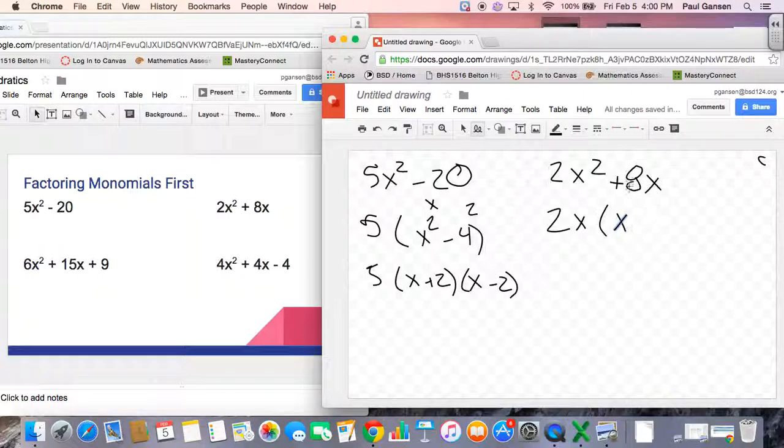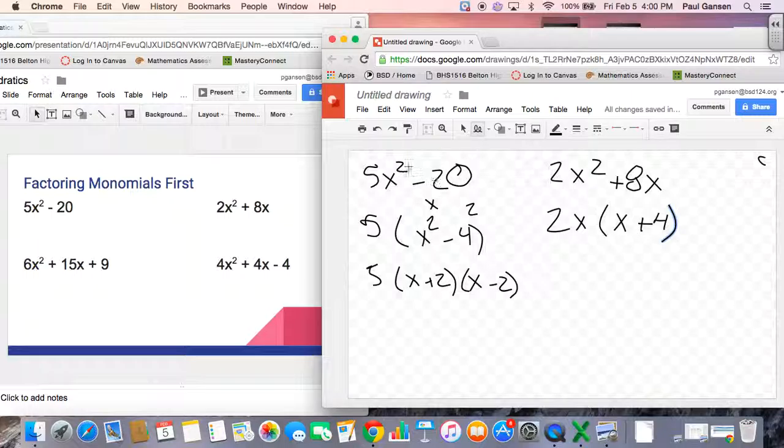In a similar manner, when I divide 2x out of 8x, I'm just left with 4. And at this point, we're done. We have 2x times x plus 4 as its own binomial. There's nothing further to do with this one. So those are two relatively simple examples where we just factor out a monomial.